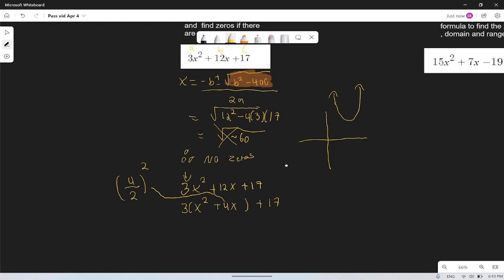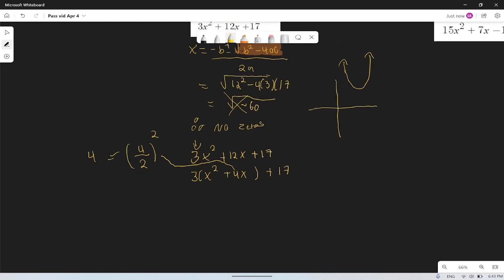So 4 divided by 2 squared equals 4, and now we're going to add that to the inside of the bracket. But we can't just add 4, we have to balance it out on the outside of the equation. So we have plus 17, and we don't just subtract 4, because we're actually adding 4 times 3, so we need to subtract 12.